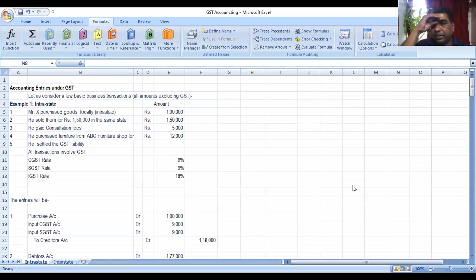Are you seeing an Excel file? Yes, sir. Is it clearly visible to you? Yes, sir.